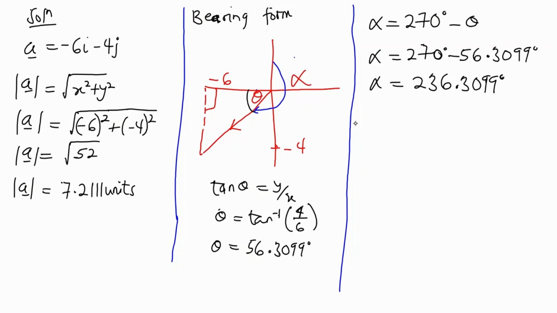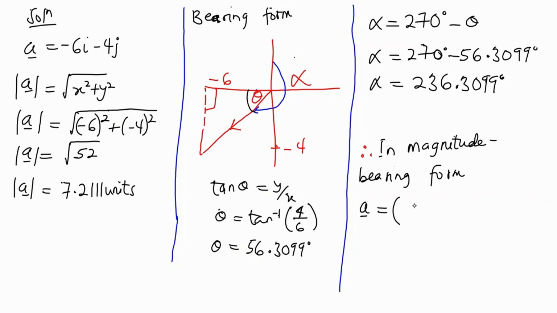Now we have to conclude by saying that therefore in magnitude bearing form, we can say that A, that's the vector, has 7.2111 units with the angle 236.3099 degrees.